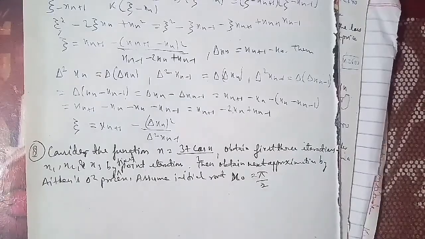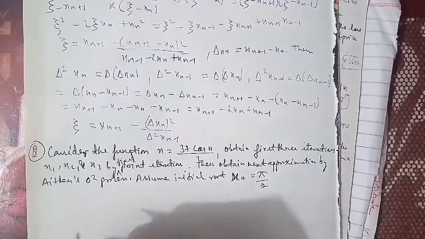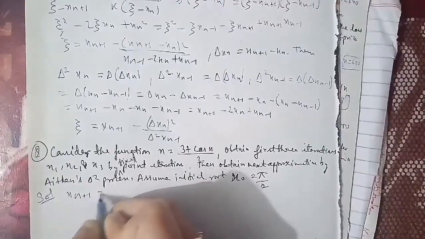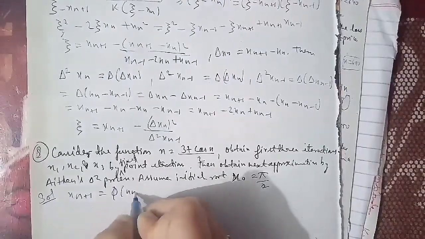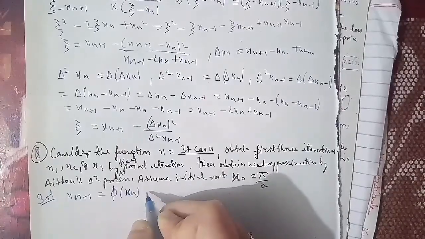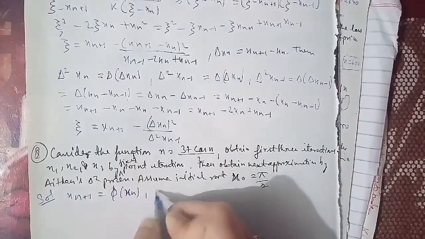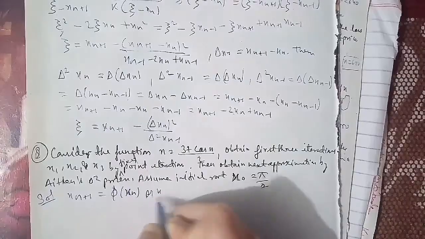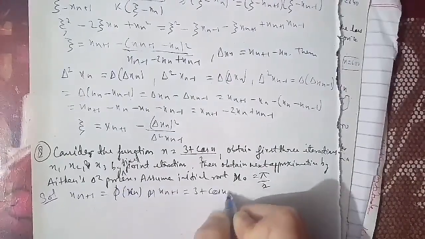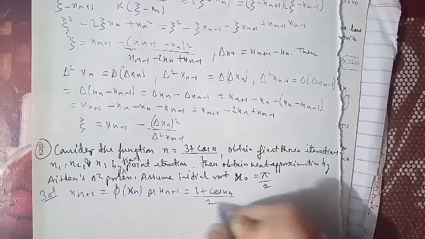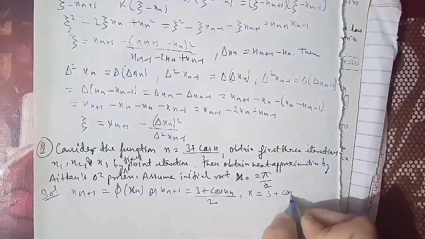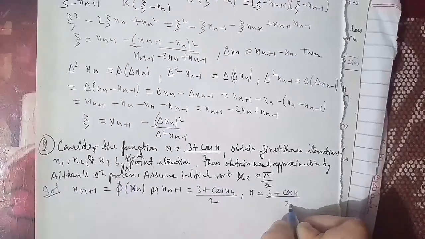Here xn plus 1 equals phi of xn by fixed point iteration, or xn plus 1 equals 3 plus cos xn upon 2, since x equals 3 plus cos x upon 2.